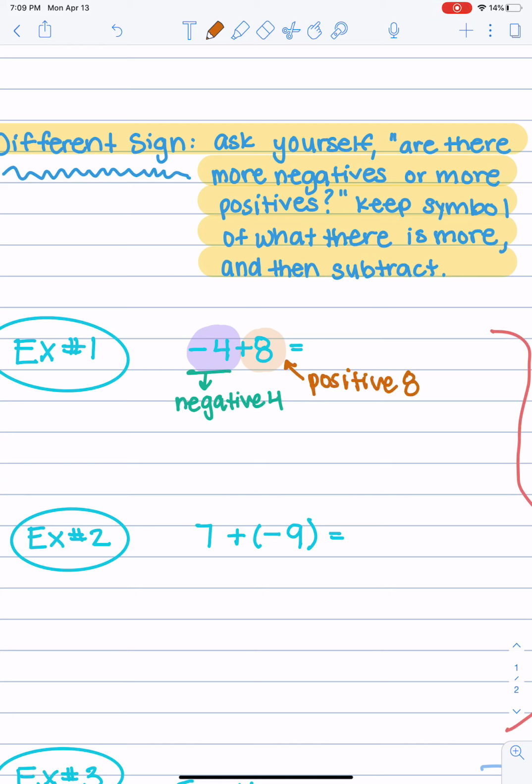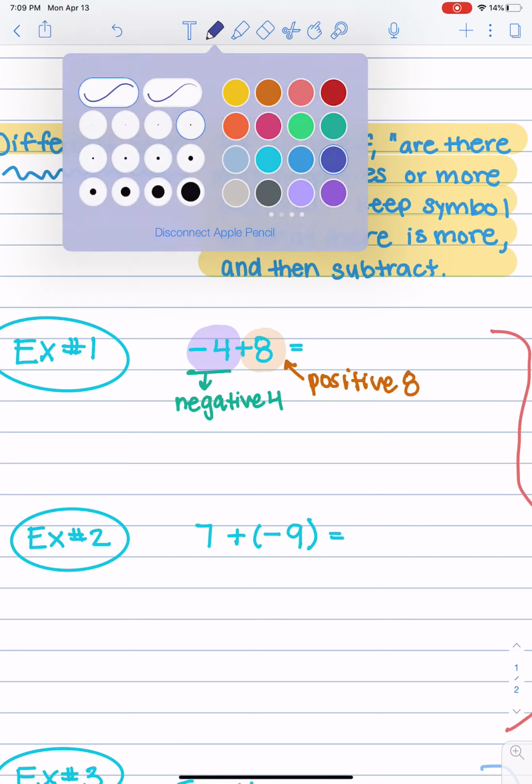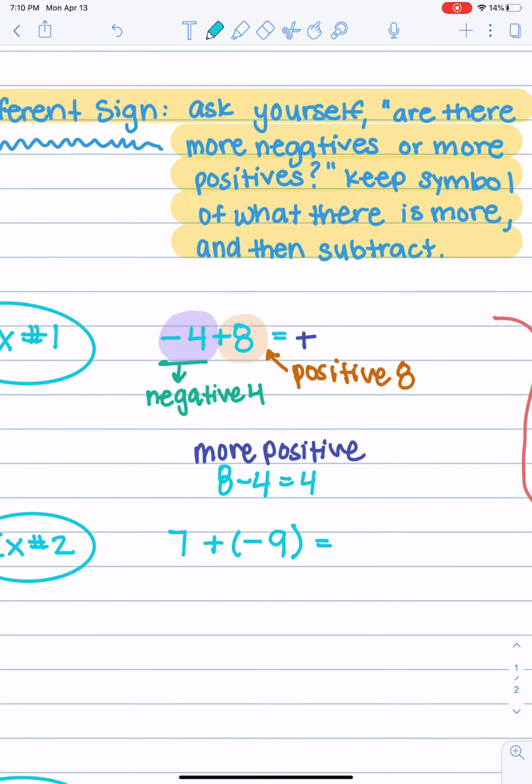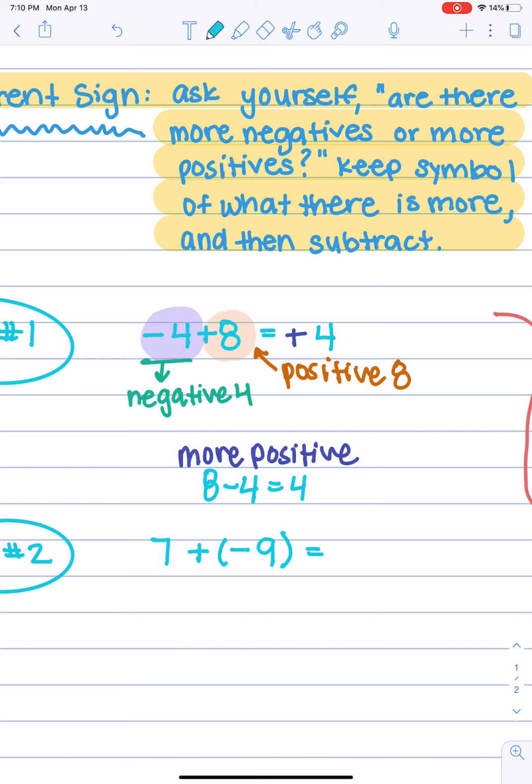According to my directions, it says, ask yourself, are there more negatives or more positives? So what is there more of? Yep, more positives. So that's going to be my sign. I know it's going to be a positive number. Now that I know what my sign is, it says, and then subtract. So 8 minus 4 is 4. So my answer is positive 4.